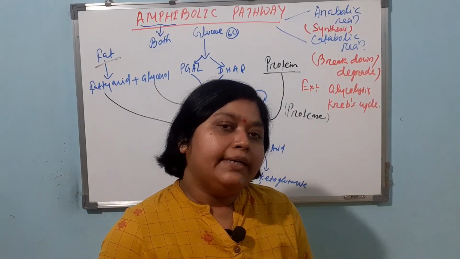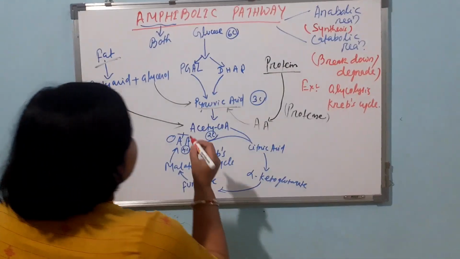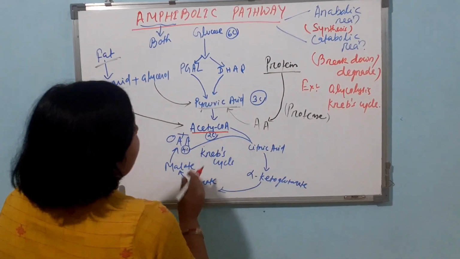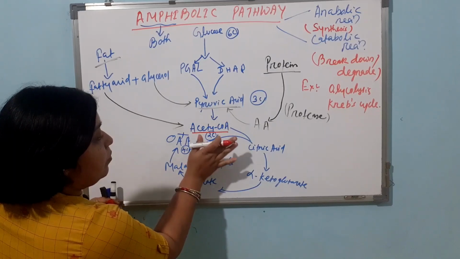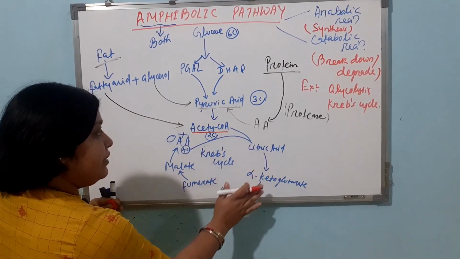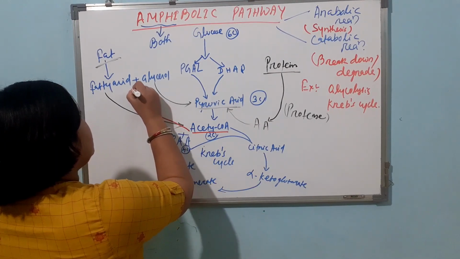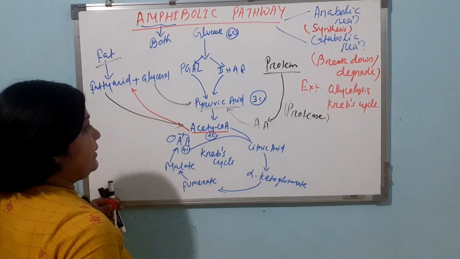When the body needs the respective fat or protein, what will happen? This acetyl coenzyme A will stop here. It will not continue in the Krebs cycle. It will go for synthesis of fatty acid.